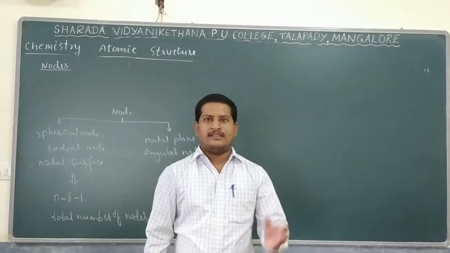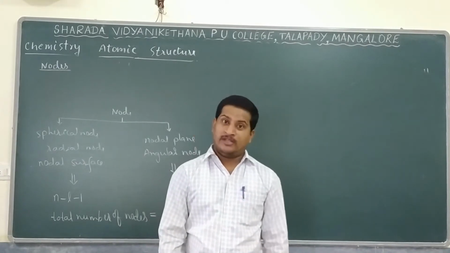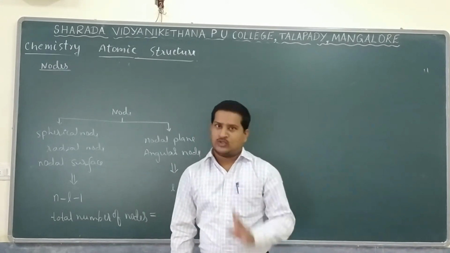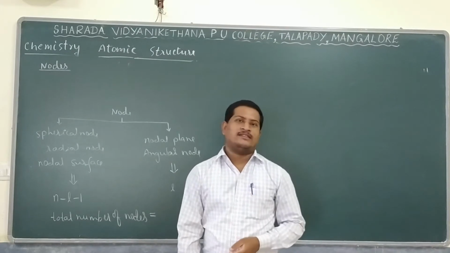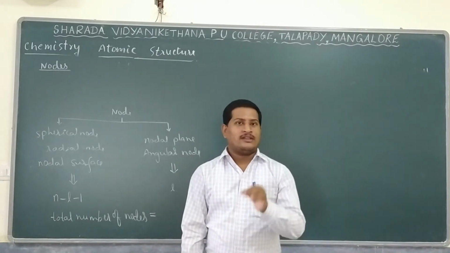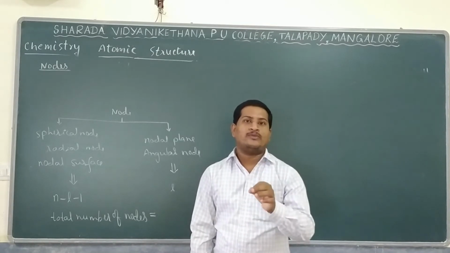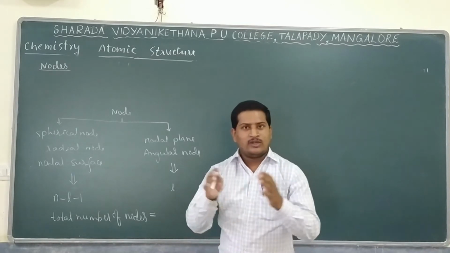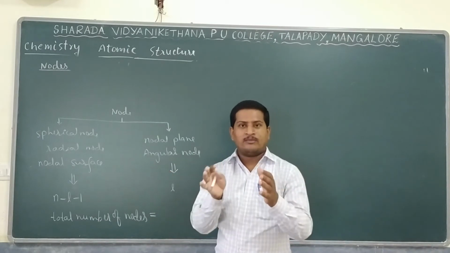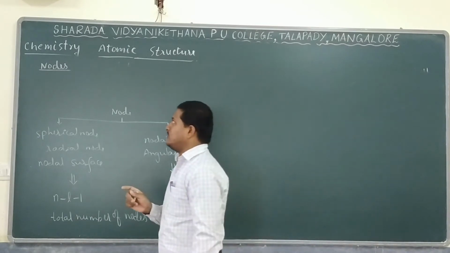Let us see the next concept of orbitals, that is nodes. So what is this node basically? It tells about the region where the probability of finding electron density is going to be 0. There is no electron present in that particular region. So that is called a node.